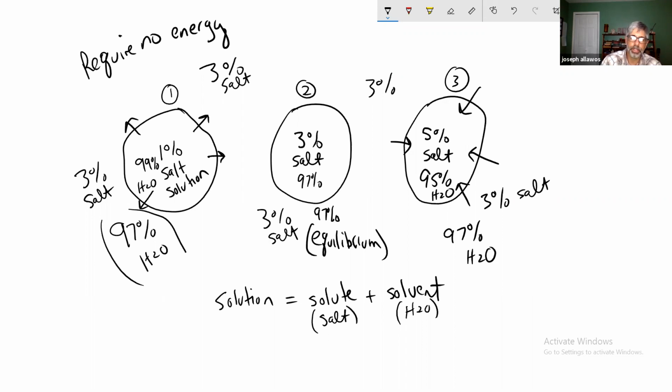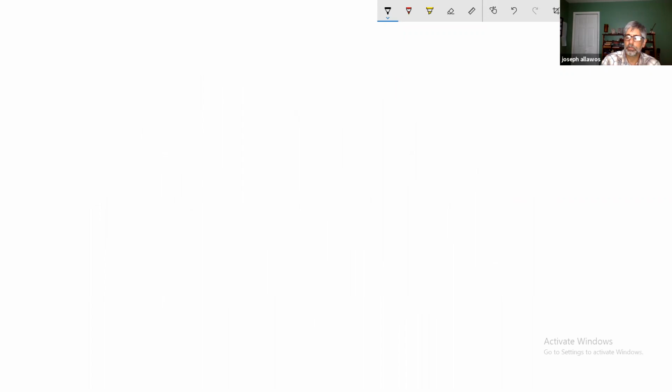What I'm saying is you can move stuff without putting energy in these examples, as long as you're going with the concentration gradient. Okay. So now we're going to redraw. What we want to think about now is how do big things get in and out of the cell, or bigger molecules, we might say. Well, let's draw our phospholipid bilayer, because really in order to get in and out of the cell, they have to get through this membrane.